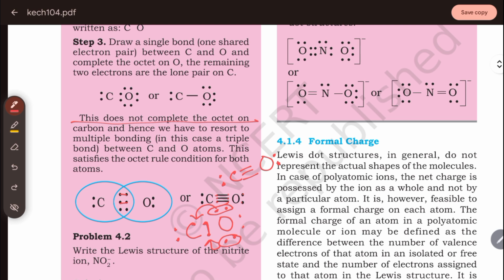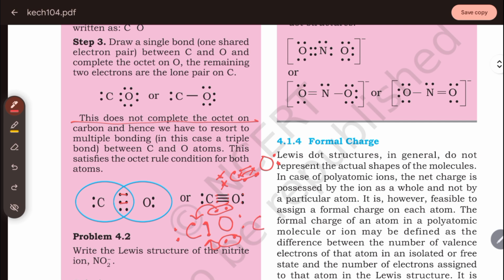Now here you can assume these 2 electrons are from oxygen, these 2 electrons are from oxygen. Carbon का एक यहाँ, okay, एक यहाँ और एक यहाँ, एक यहाँ, 4. Okay, so now after the sharing, it is no more belonging to only carbon and belonging to only oxygen because it has been shared.